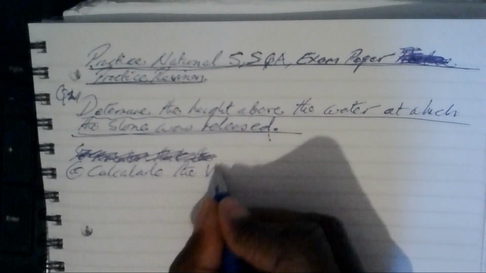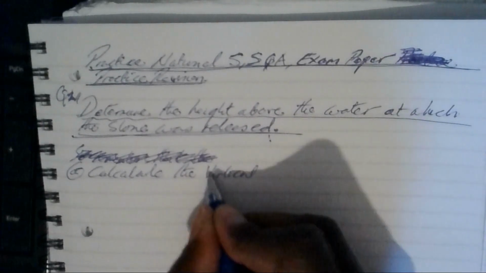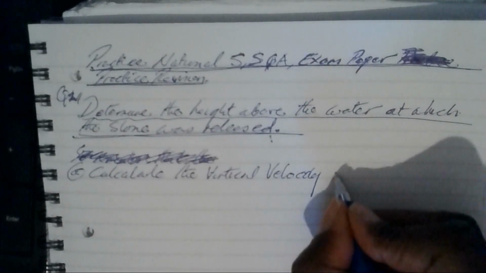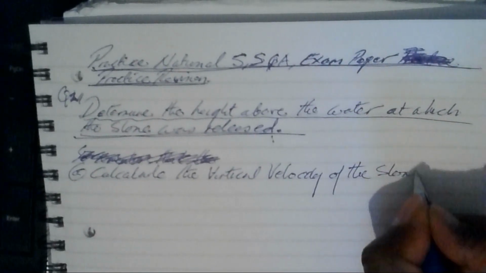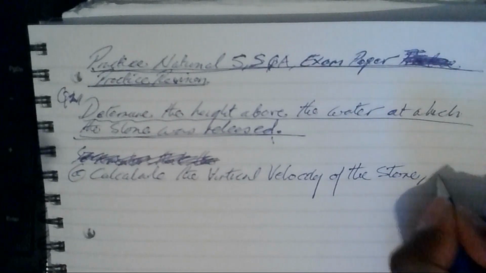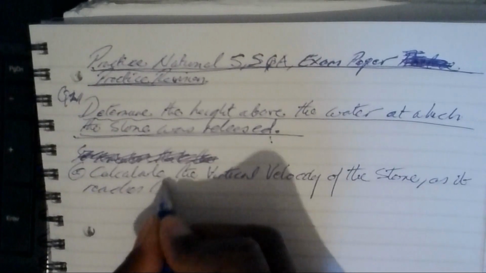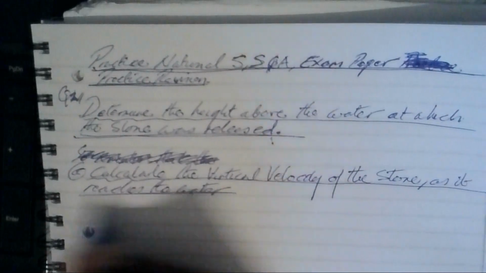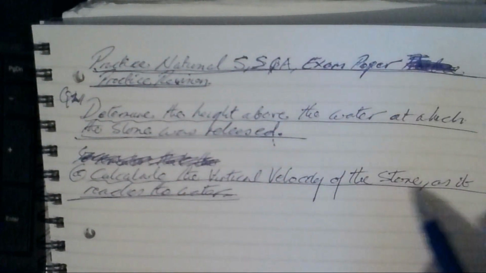So therefore, part A: calculate the vertical velocity of the stone as it reaches the water. Okay, guys, so that's what it's saying. Calculate the vertical velocity of the stone as it reaches the water.